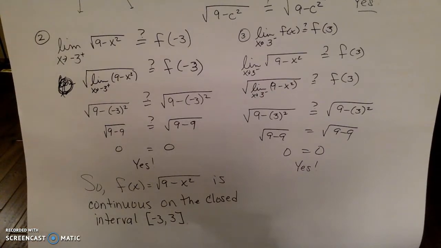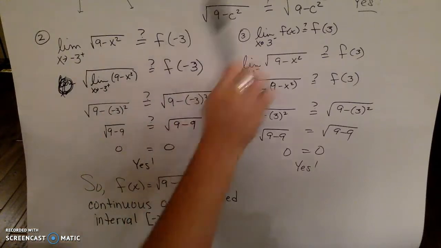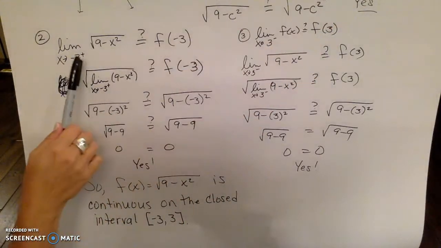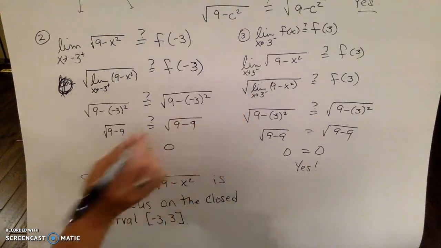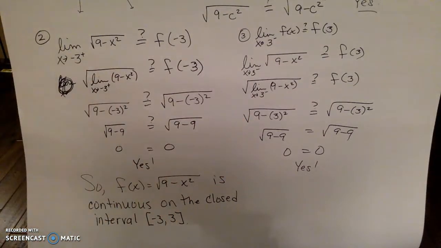Okay. So again, we had to check all the conditions for continuity on an interval, being that it's continuous on the open interval, it's continuous from the right, and it's continuous from the left. And that's how we do that.